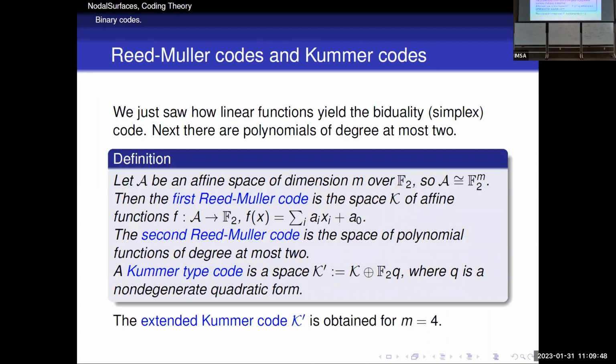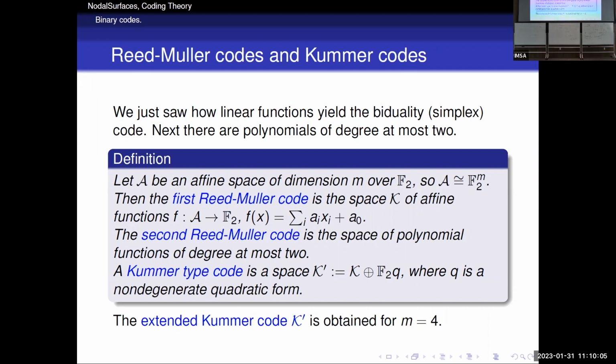So, what is the code of the Kummer? Linear functions yield the biduality code. Now, next to linear functions, there are polynomials of degree up to 2.